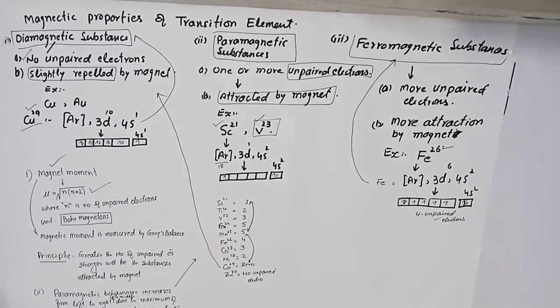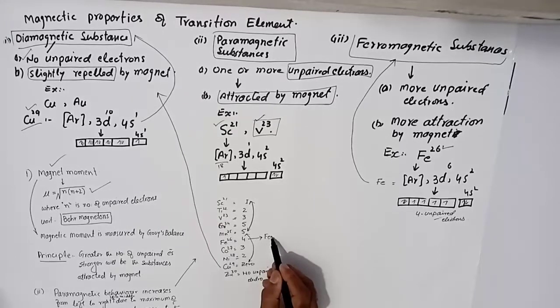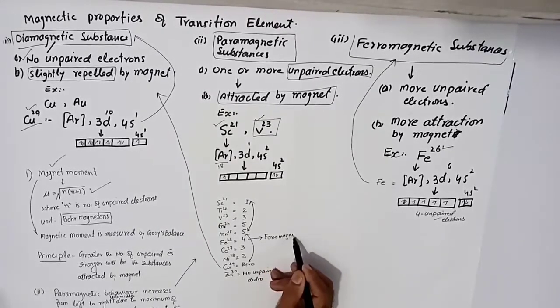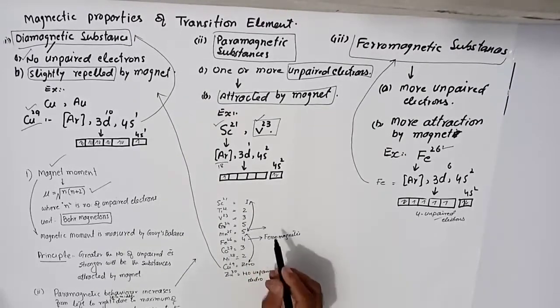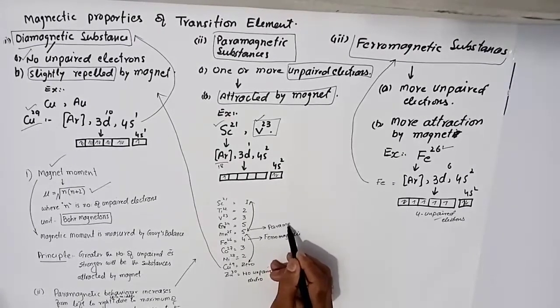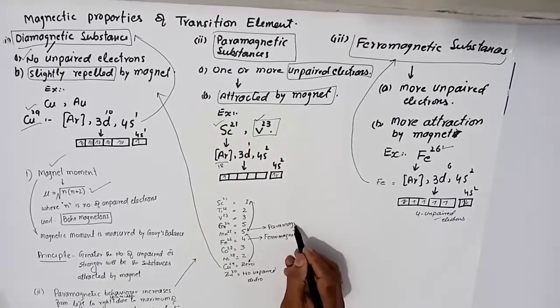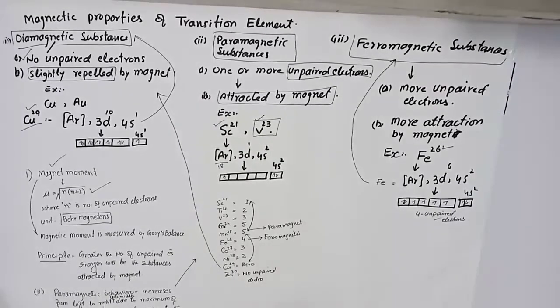Now an important question arises: iron is ferromagnetic, while manganese is paramagnetic. So what is the cause?